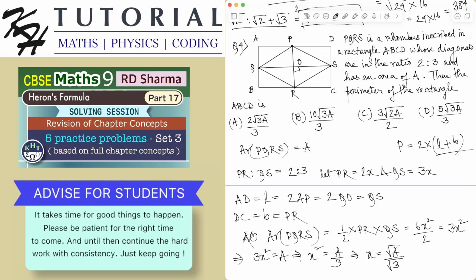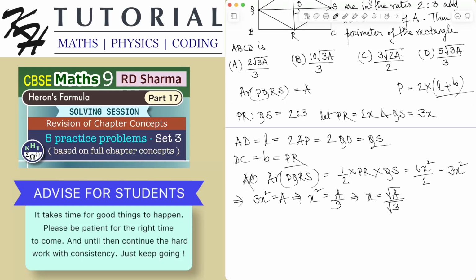We have to find the perimeter of the rectangle. So basically we need to know the length of the diagonals of the rhombus. So x is square root of A divided by square root of 3, which we can simplify.